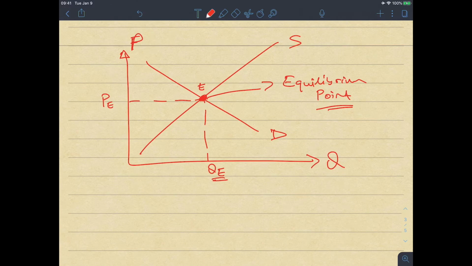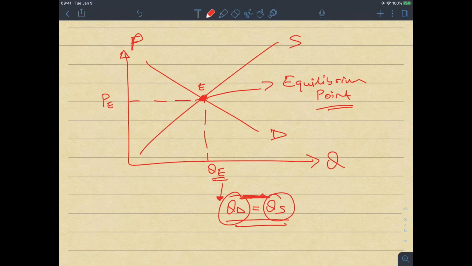At this equilibrium quantity, we know that the quantity demanded, which I will denote as QD, and the quantity supplied are just the same. So there are, let's say, 1,000 units supplied and 1,000 units demanded, and they are bought and sold in this market.